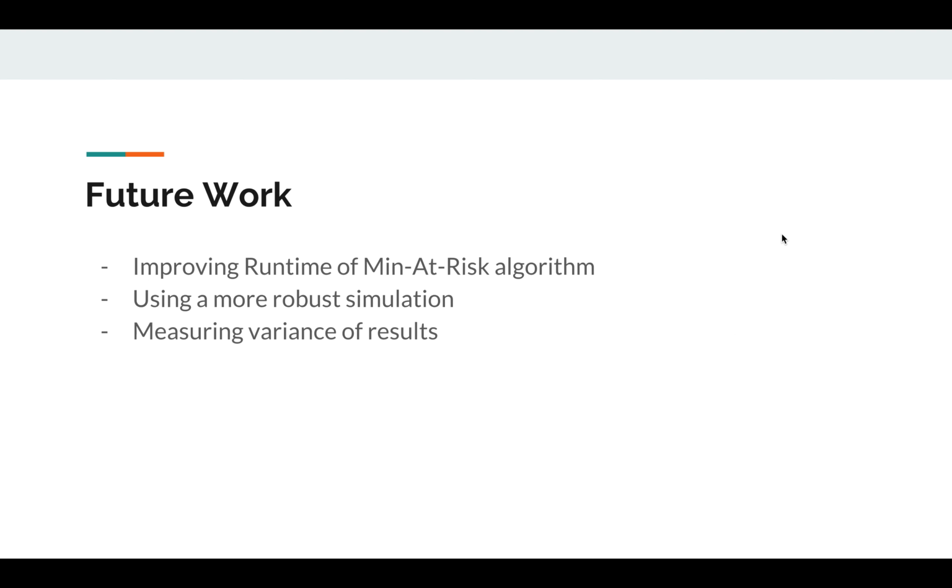individuals. For future work, one of the biggest improvements we can make is improving the runtime of the min-at-risk algorithm. When running on the random graph, it seemed like the min-at-risk algorithm far outperformed the other 2 methods.